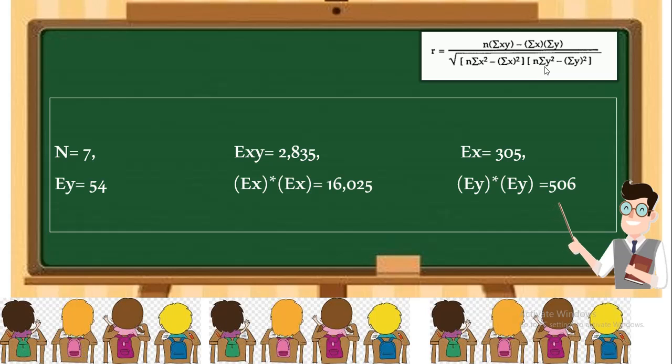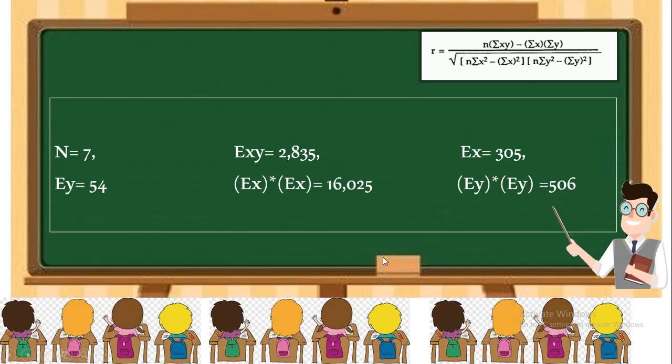Total number of observations n is 7. Sigma xy is 2835. Sigma x is 305. Sigma y is 54. Sigma x square is 16025, and sigma y square is 506.